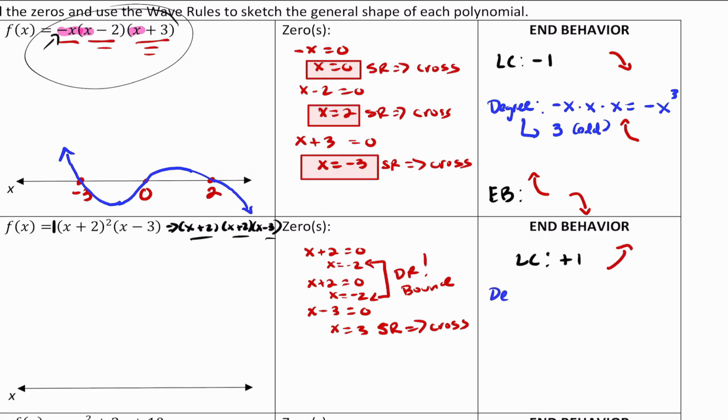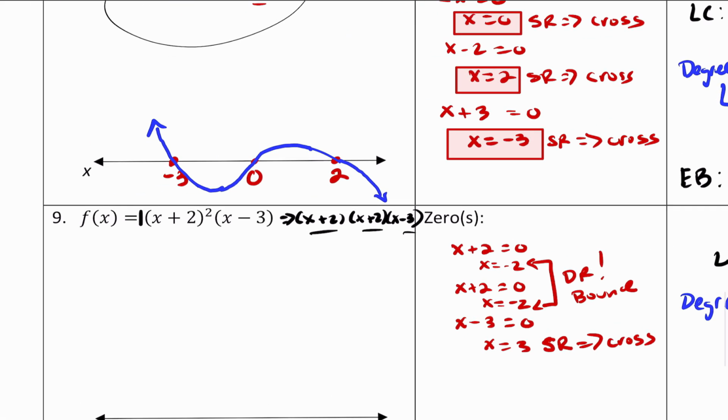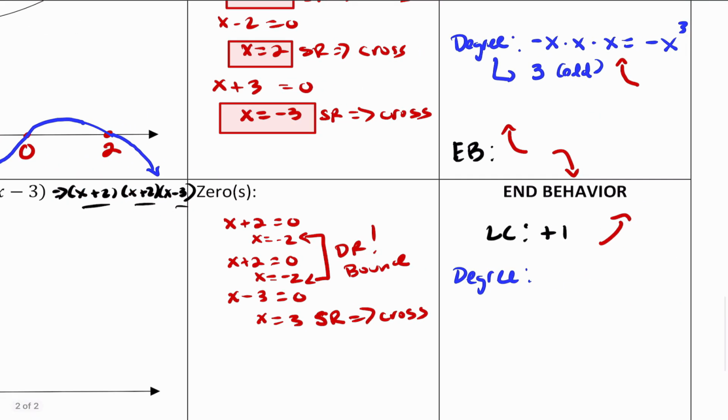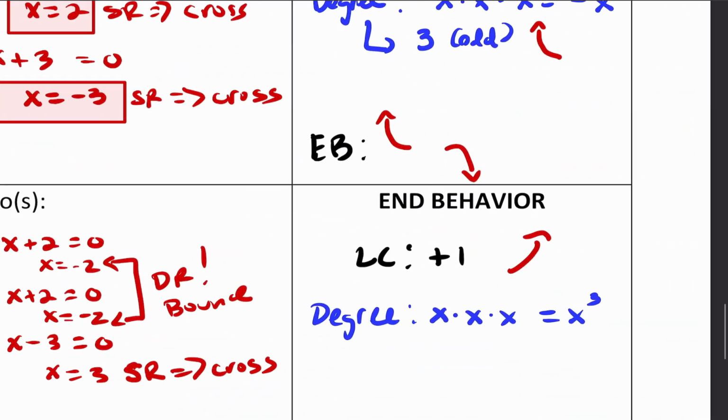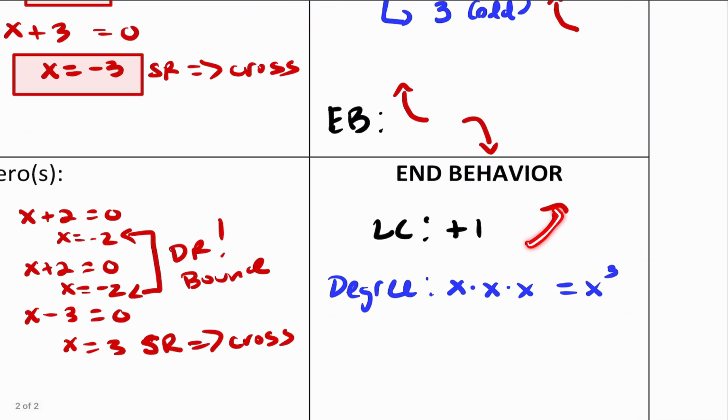For the degree, well, we have an x, x, and x, right? So I'm going to multiply all those x's. We have x times x, which is x cubed. So if the degree of the polynomial is odd, the ends of the graphs will point in the opposite direction. So we have top right, so therefore we have bottom left.